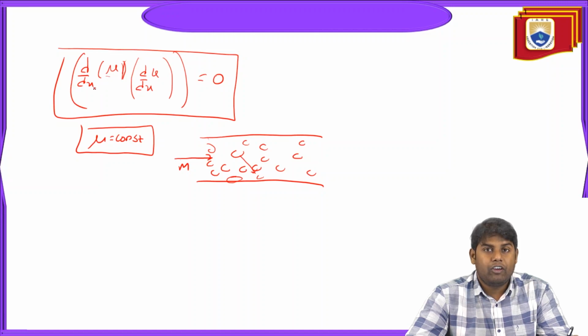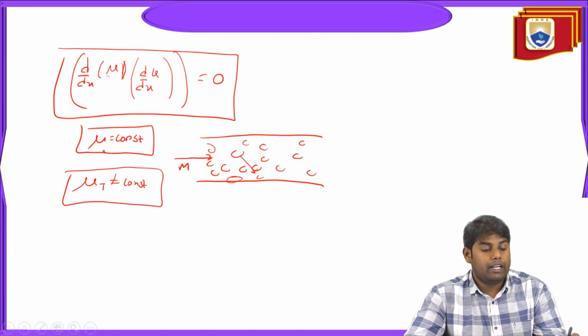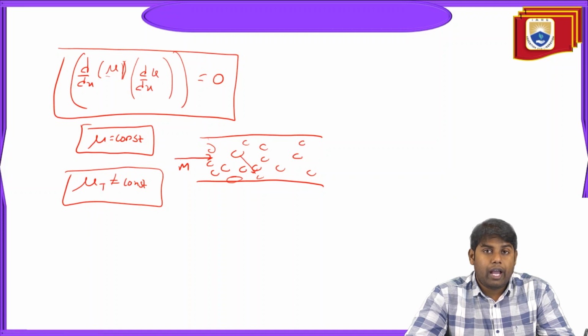So basically we call it turbulent viscosity, which is called mu T, which is not constant actually. So that is the difference which we need to see. So in the diffusion equation, we have two things. One is, let's say, the laminar viscosity. You can take the other one as the turbulent viscosity.